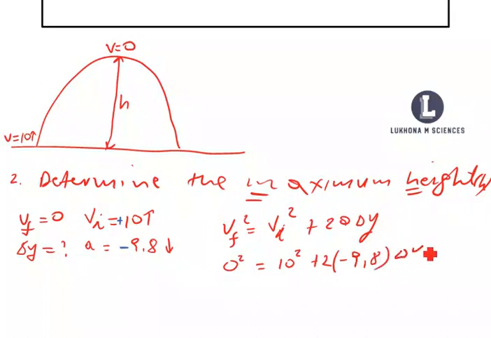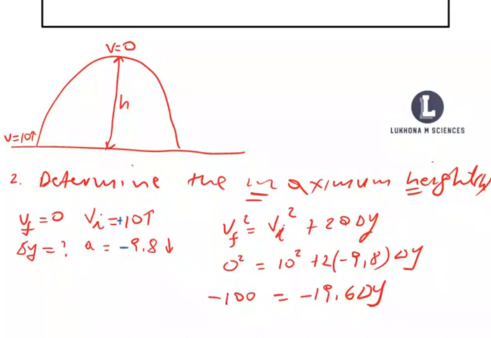Then we are looking for delta y, which represents the height in this case. So 10 squared is 100. Then we transpose 100. It's negative 100, which is equal to negative 2 times 9.8, which is 19.6 delta y.